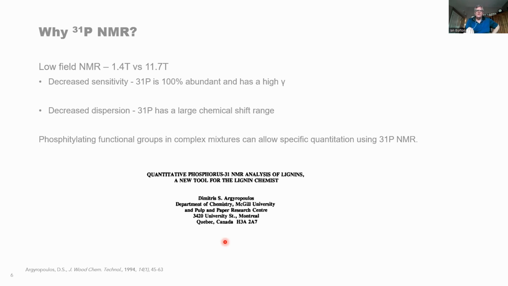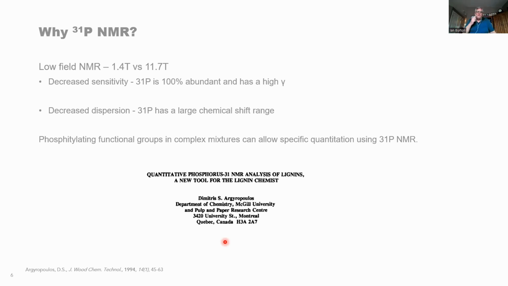So if you've got enough sample, it's fairly easy to see a spectrum. Plus, the large dispersion of phosphorus overcomes a lot of the overlap that you would have in, say, protons.